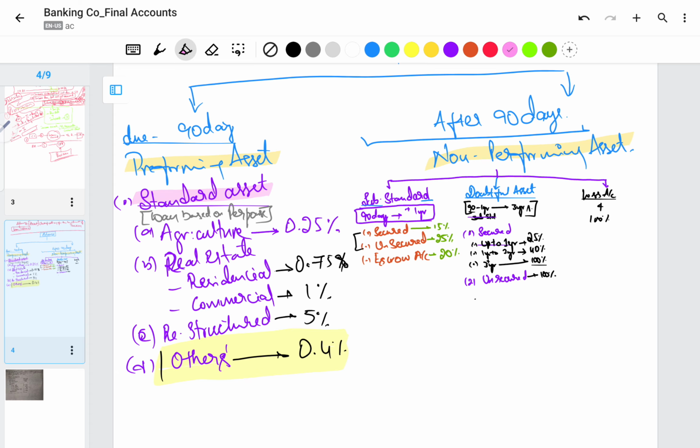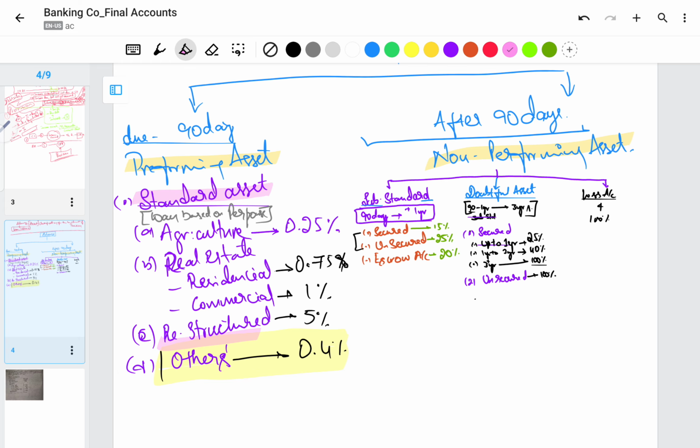Restructured means the client, let's say in the last year or in the last loan tenure, was an NPA, but in the current loan he was paying promptly, but this time he has defaulted on the payment. Then we consider him a restructured account.